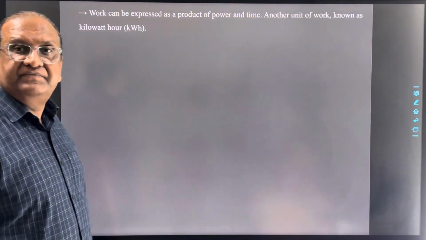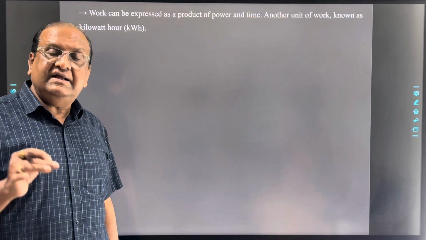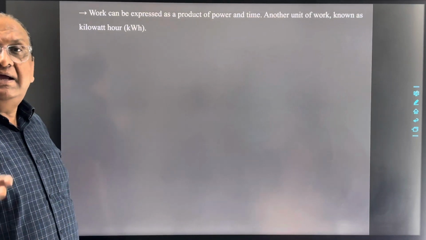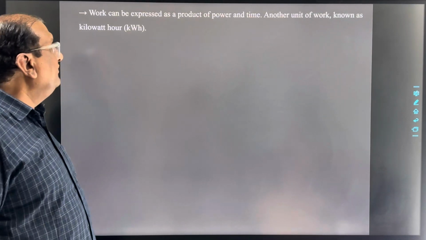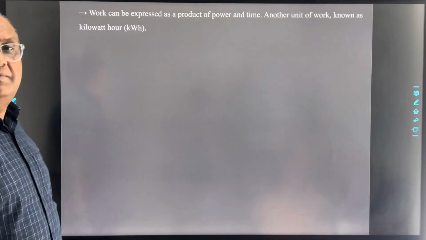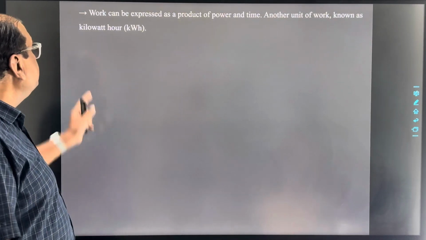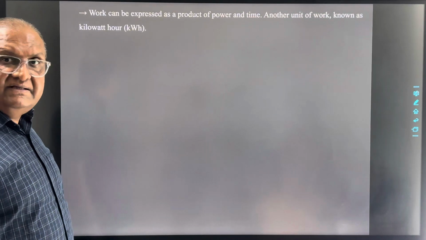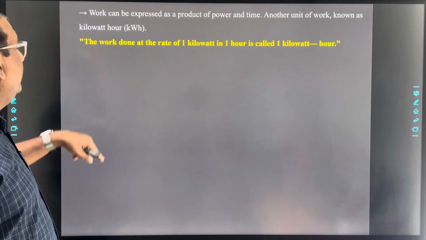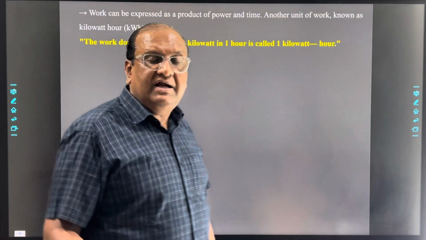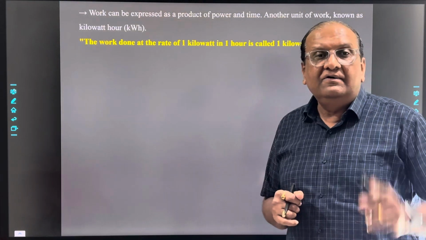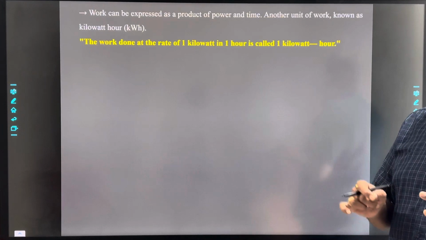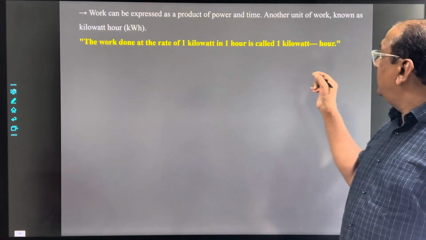Now see here, work done can also be represented as the product of power and time. So another unit of work is known as kilowatt hour. How do we define this kilowatt hour? If work is done at the rate of 1 kilowatt for 1 hour, then it is known as 1 kilowatt hour.